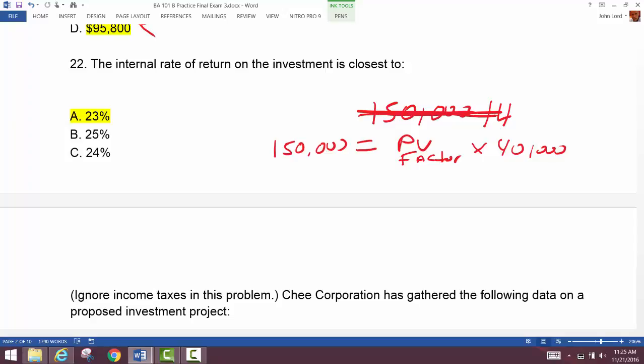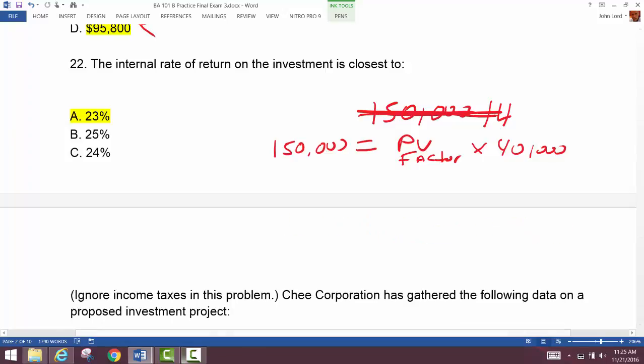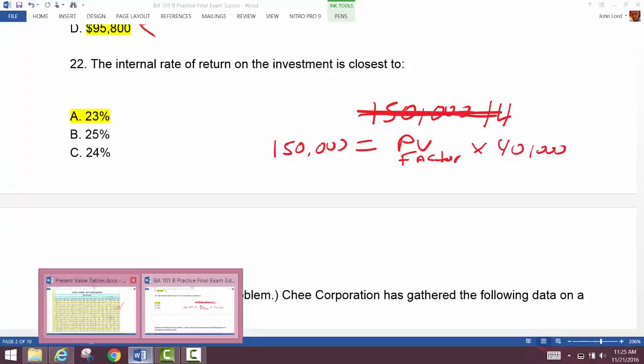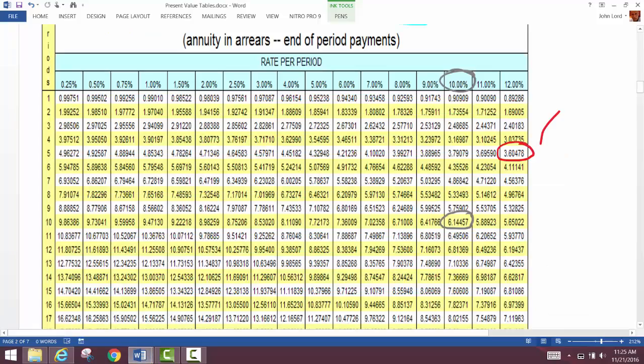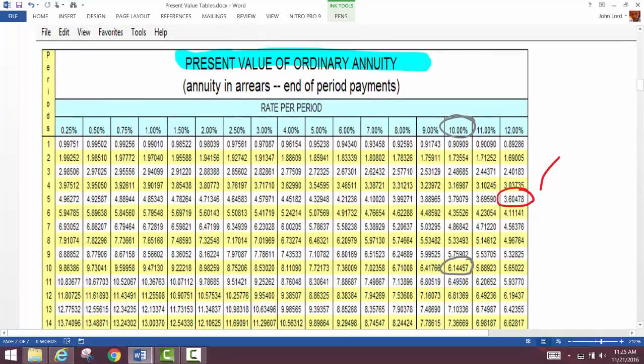So I take 150,000 divided by 40,000. Just doing the algebra, that factor's got to be 3.75, doesn't it? So I know the factor. Now I go back to the table and find the present value of an annuity. That 40,000 is an annuity.